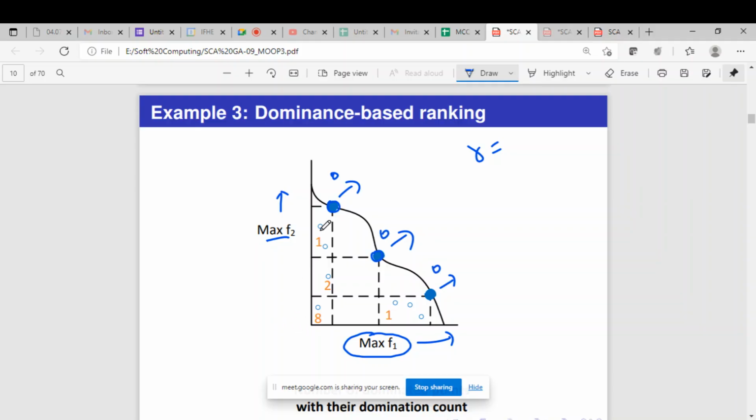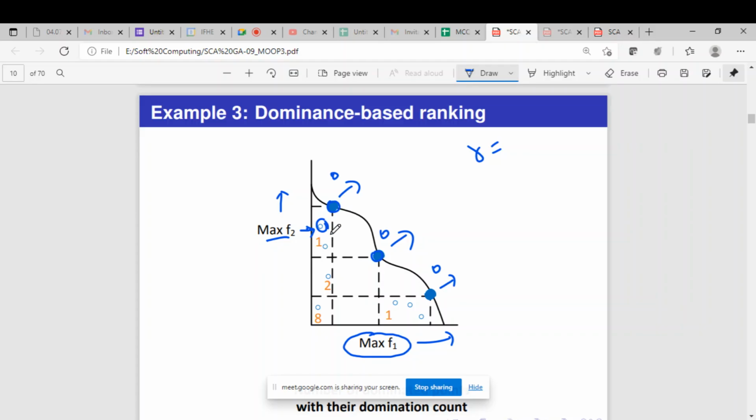Right. Now you see these two solutions. You take this solution alone and you see how many individuals are there who are dominating this individual. How many individuals are dominating this individual?